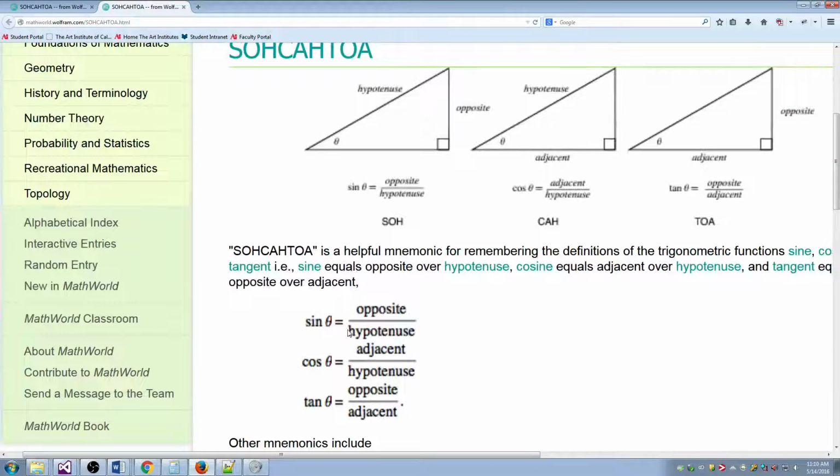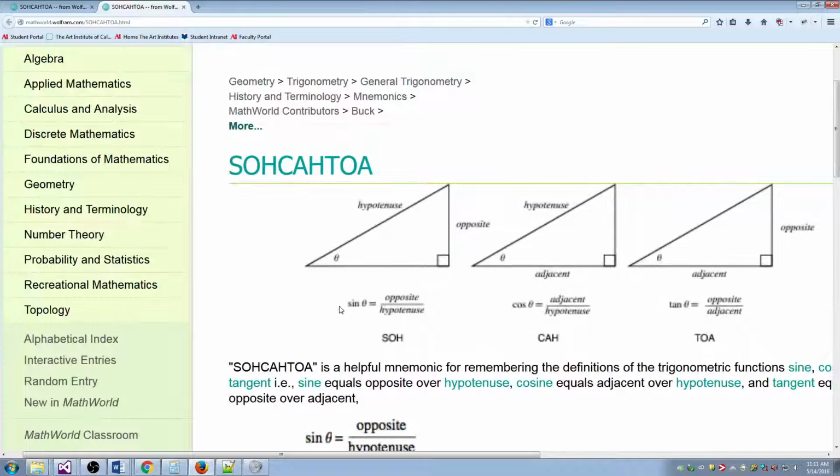Sine of theta is equal to opposite over hypotenuse. That's what SOHCAHTOA says: sine is opposite over hypotenuse. CAH is cosine equals adjacent over hypotenuse. And TOA is tangent of the angle is equal to opposite over adjacent. So SOHCAHTOA is a mnemonic device to remember what these formulas mean.